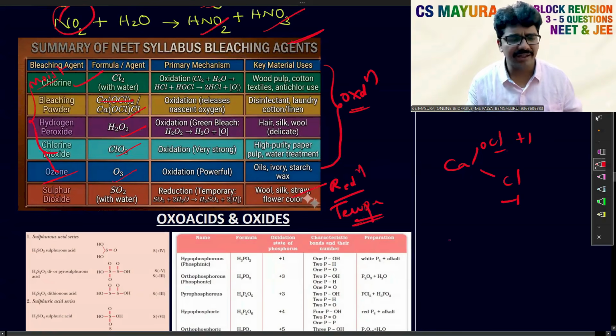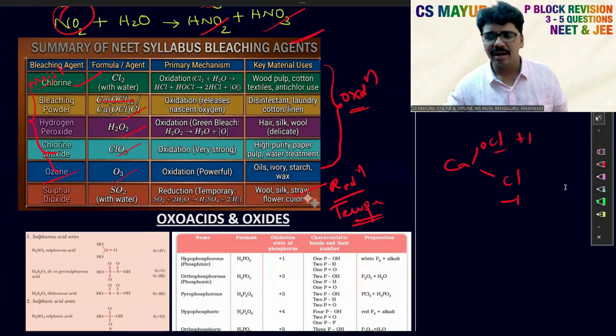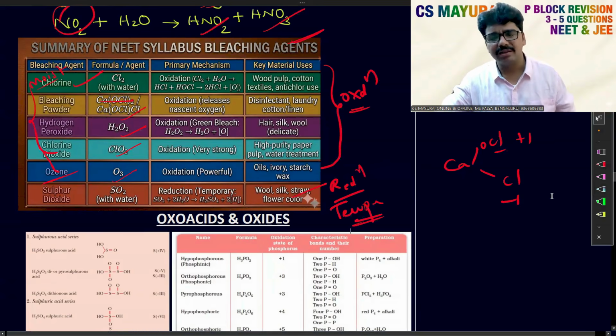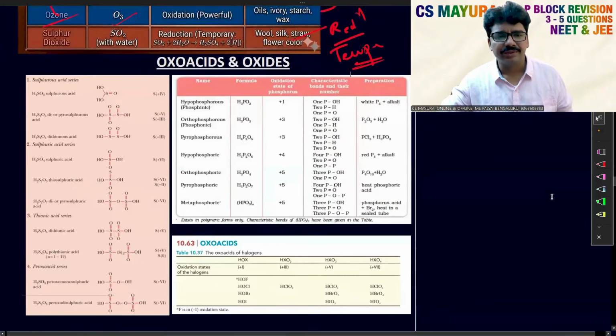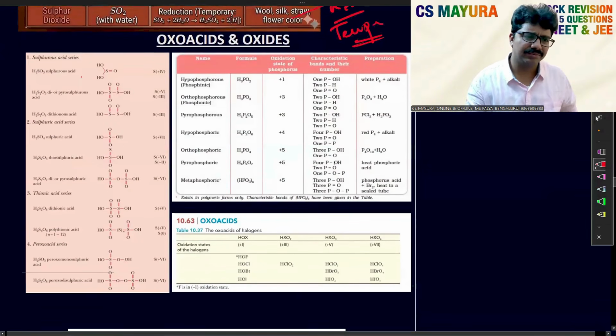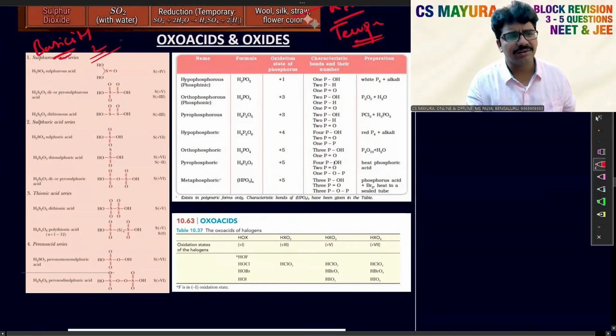There is only one example here, moist sulfur dioxide. It produces nascent hydrogen, and that nascent hydrogen is responsible for bleaching the compound. The process of removing natural color from an organic substance is bleaching. Now oxoacids: different oxoacids are given here. Basicity of all oxoacids of sulfur is 2, right? There is no difference.